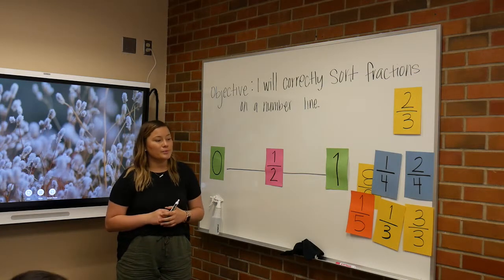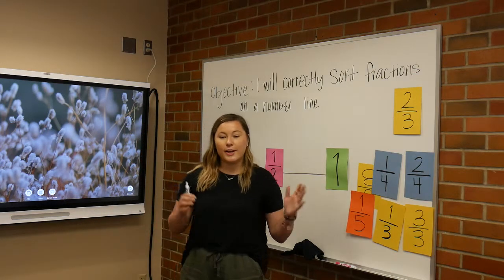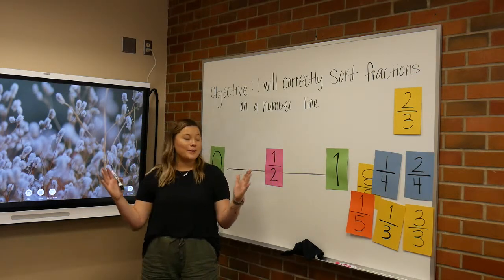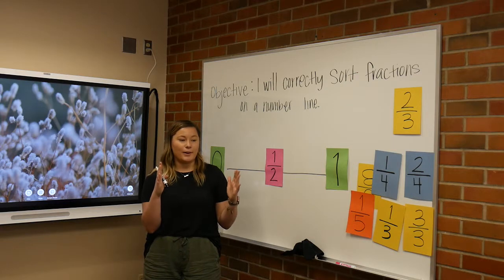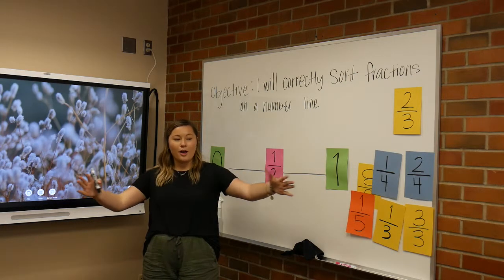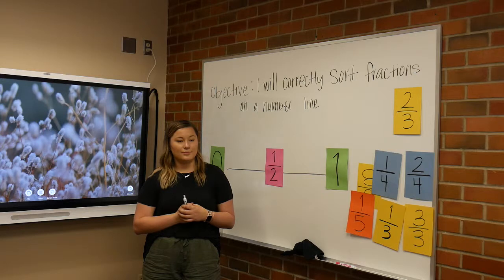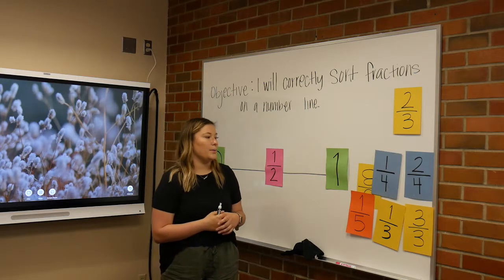What if we were going to break it up into 1/4 of a candy bar? So if we had a whole candy bar, and then we were to break it up in half of a candy bar, and then from there we're going to break it up into 1/4. So if we were to all share a candy bar, how much of the candy bar would you get? A fourth? 1/4 of a candy bar.